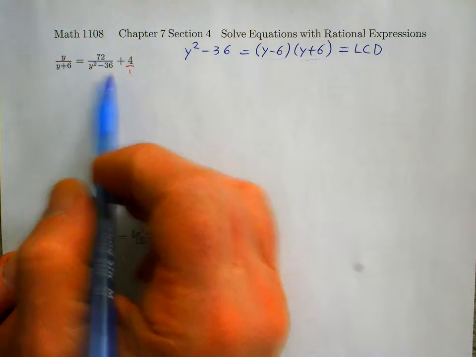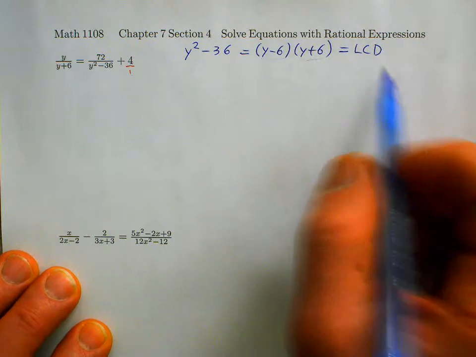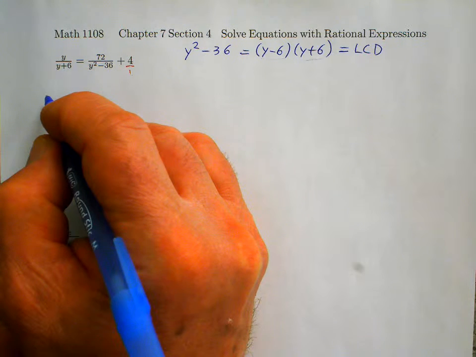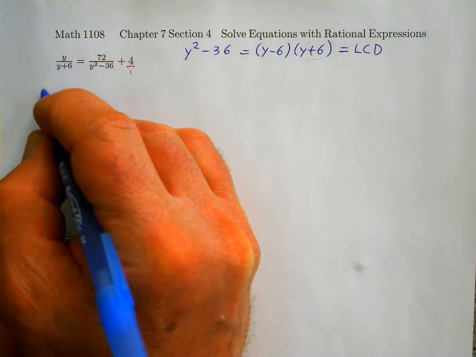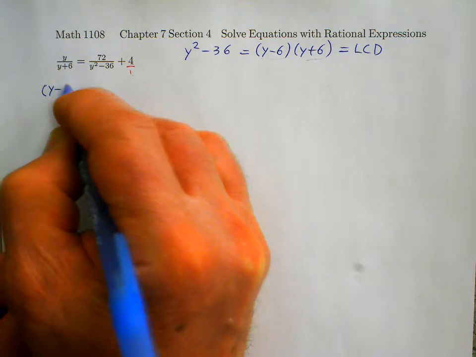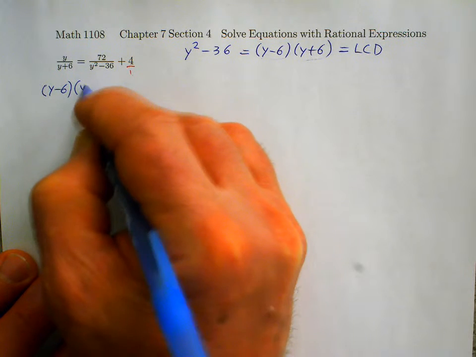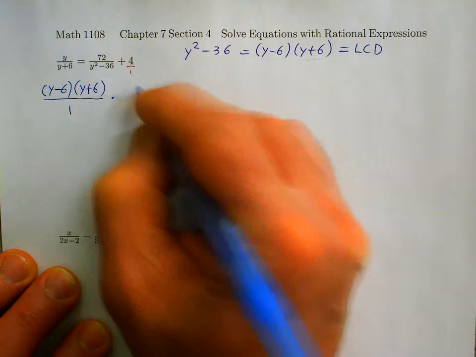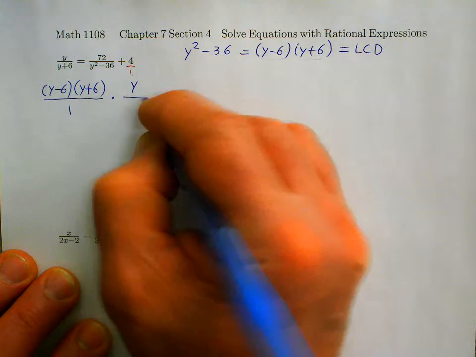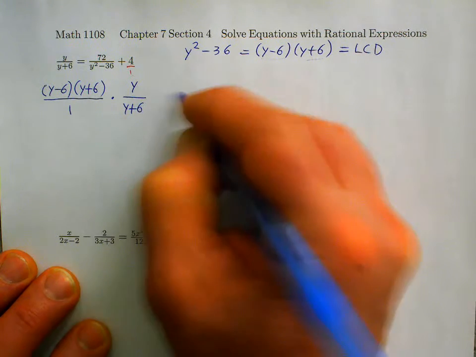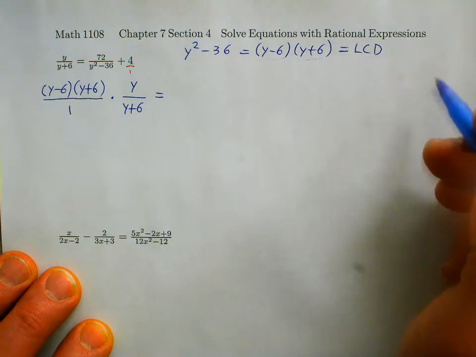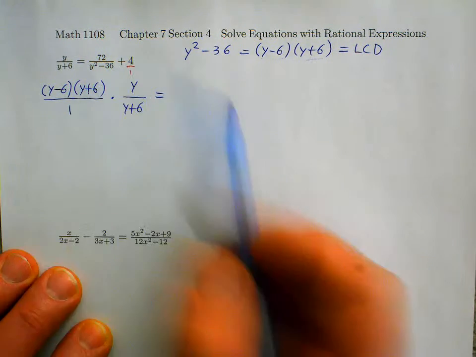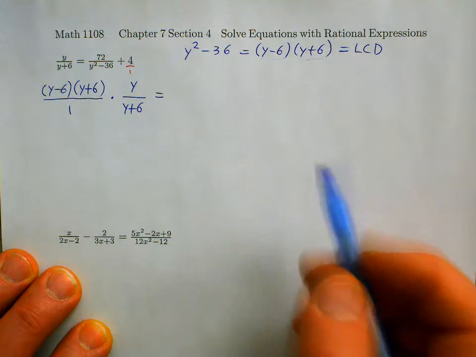So we multiply every term on both sides by the least common denominator. So on the left-hand side, we multiply y minus 6 times y plus 6 over 1 times y over y plus 6. Then multiply each of the two terms on the right-hand side by the least common denominator.